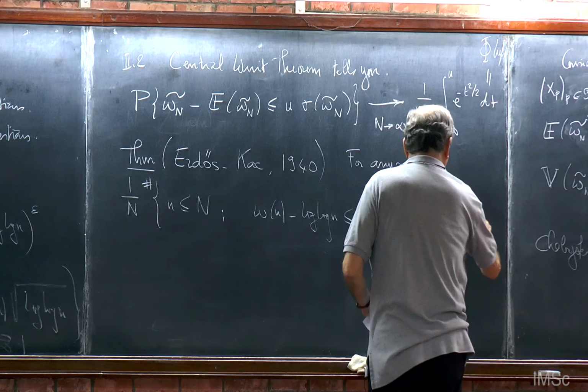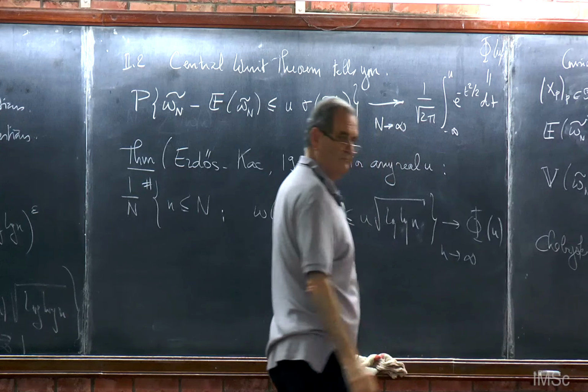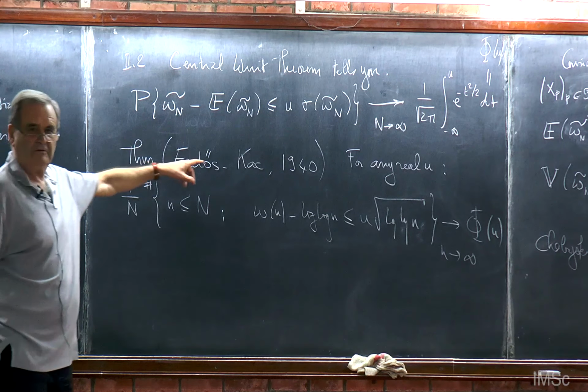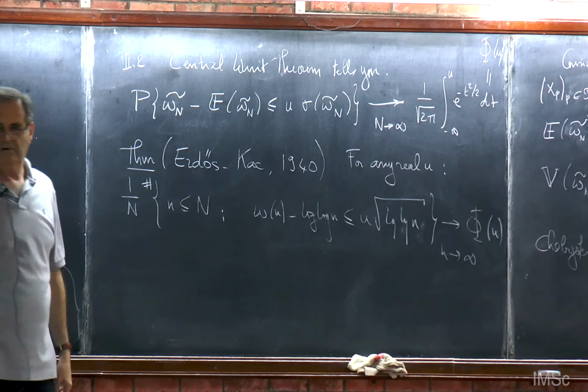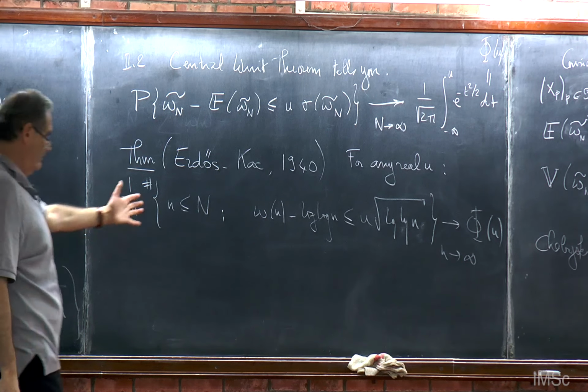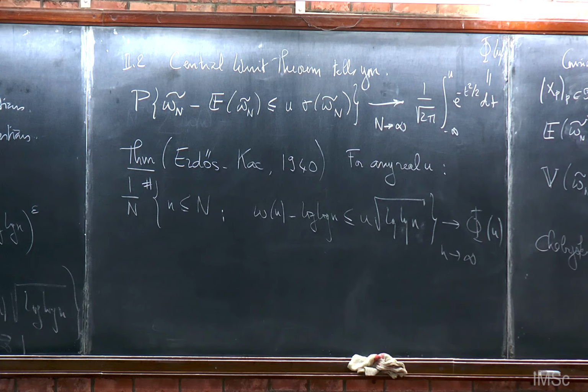This tends to phi of u when N tends to infinity. Okay, and it's not by chance that you have Erdős and Kac. I think it was at the end of a lecture of Erdős that Kac said, but we should be able to prove that, and so they just sat and proved this. Okay, so for any real u, you have this, and this is the Erdős-Kac theorem.